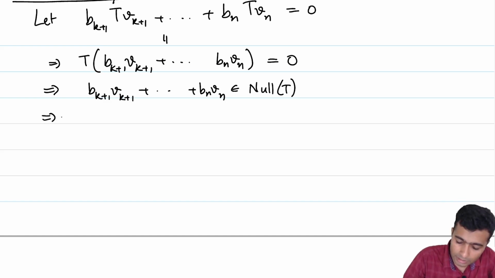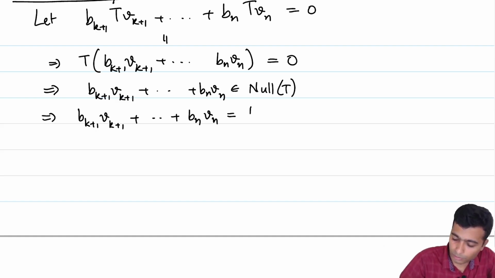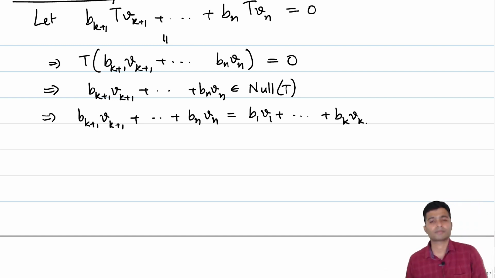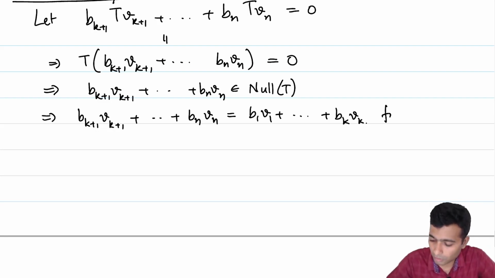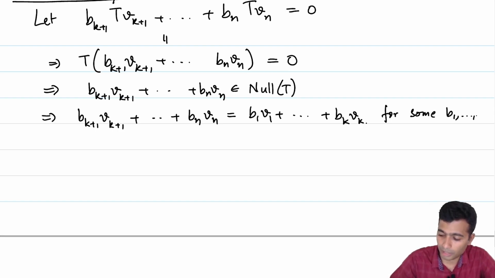So this implies that there exist scalars b1 to say bk such that this vector is equal to b1 v1 plus up to bk vk. Any element has to be for some b1, b2 up to bk.